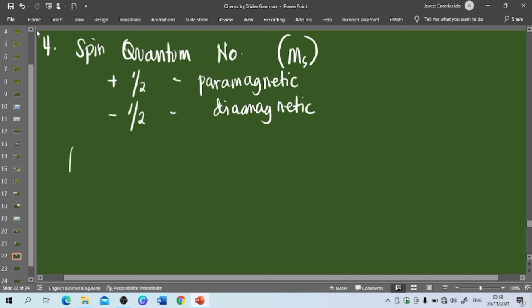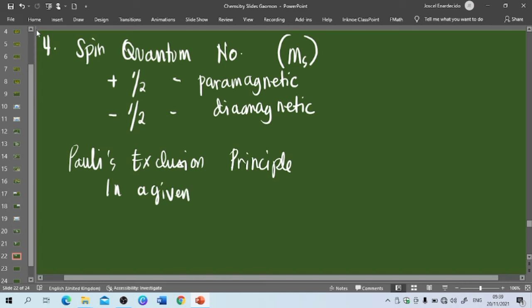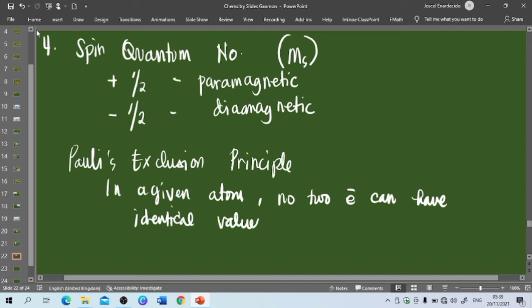According to Pauli's exclusion principle, in a given atom, no two electrons can have identical values.